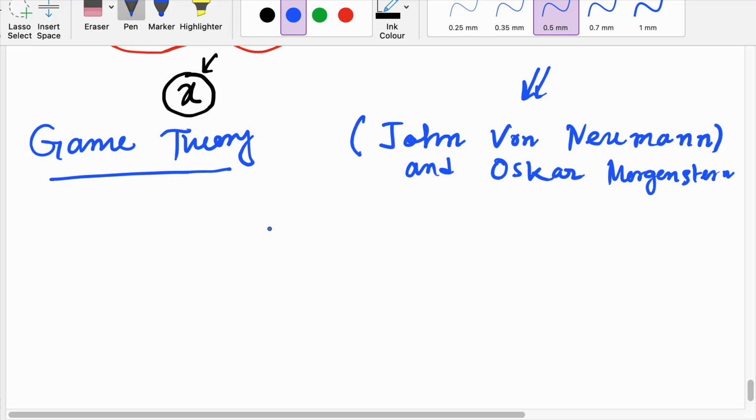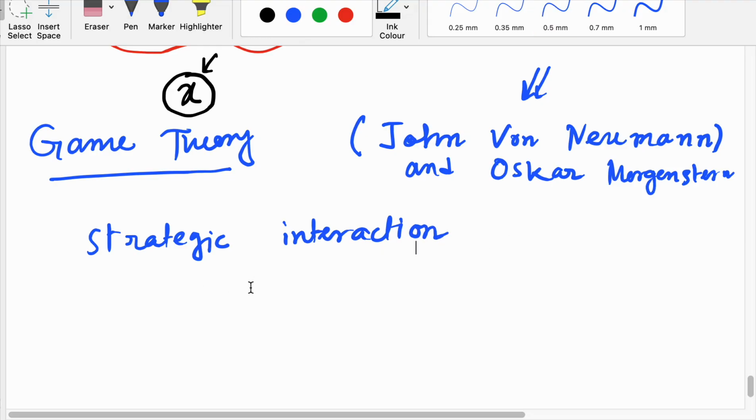Apart from that, what is game theory? Game theory captures the strategic interaction between human beings. They introduced game theory to mathematize the concept of strategic interaction between two human beings, and what the outcomes of those strategic interactions will be.